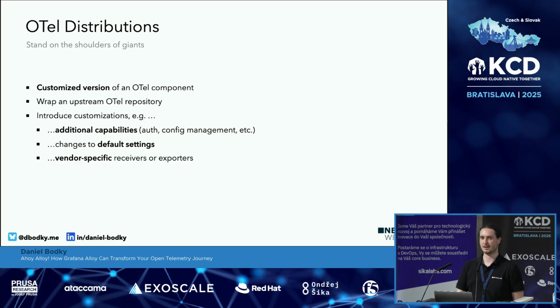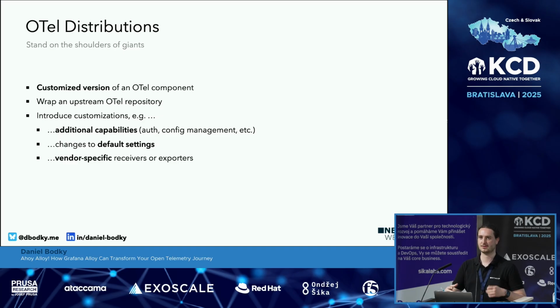Distributions are defined as customized versions of an OTel component, so basically a wrapper around one of the OpenTelemetry repositories containing various components. And those distributions normally introduce additional capabilities, for example, authentication or other means of config management, or they change some of the default settings because you don't want to configure the 500 instances of your OpenTelemetry collector within your organization every time something changes.